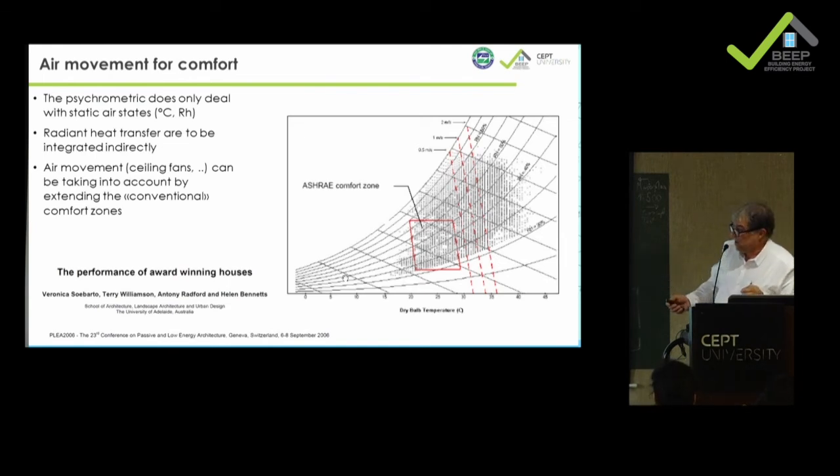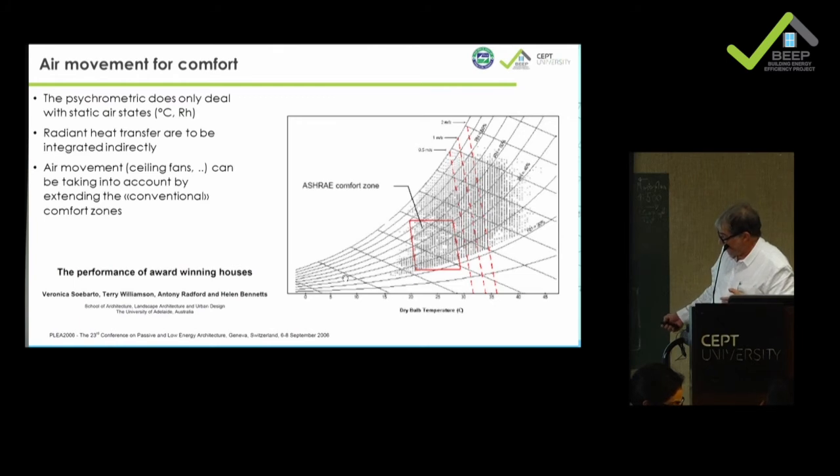But then when we start looking at how you can somewhat take this into account for the comfort assessment, these are the typical, very conventional comfort zones. That's the relation between the processes on air in the diagram and comfort.